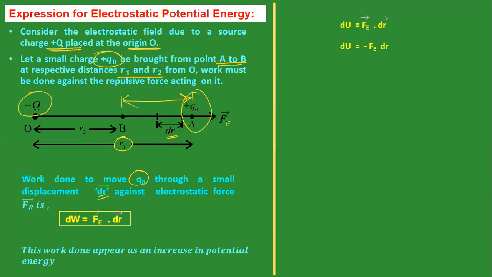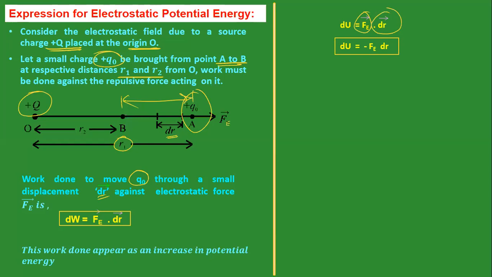Now the same equation we write like this. dU, the increase in potential energy, is equal to minus Fe into dr. I have not written the vector form here; you can see here F bar and dr bar are written, but here I directly wrote the minus sign. The minus sign indicates that this work is done against the electrostatic force.